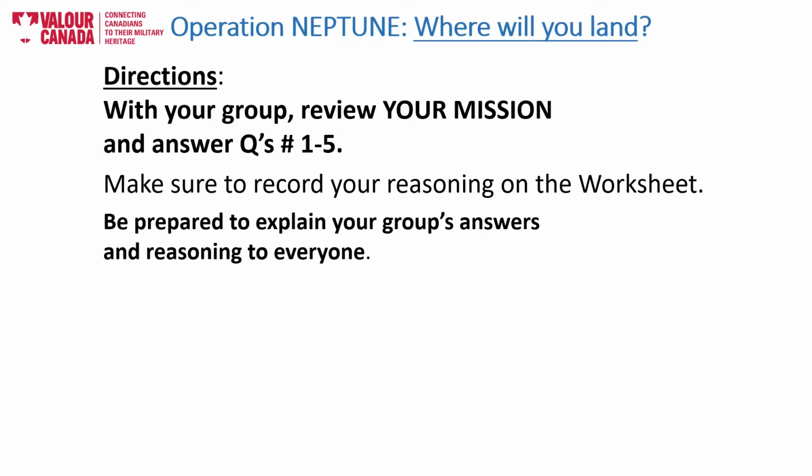Make sure that you do 1, 2, and 3 first. Those questions are designed to help you be more successful for questions 4 and 5 when you're actually formulating your plan. And make sure to record your reasoning and your logic on the worksheet, and be prepared to explain your group's answers and reasoning to everybody.